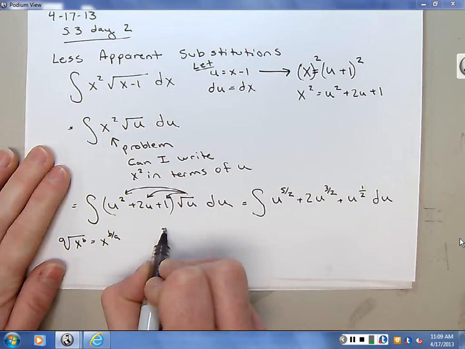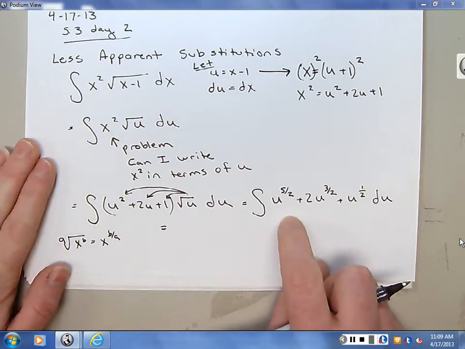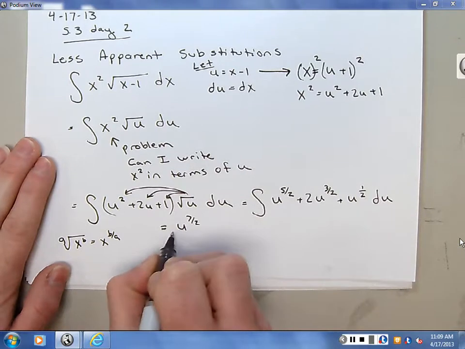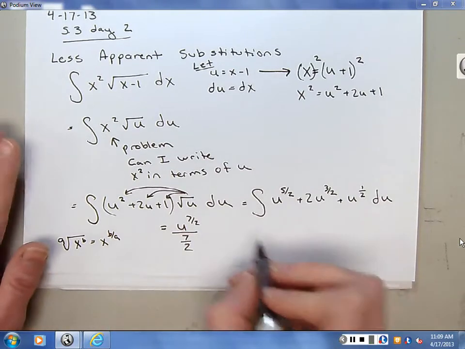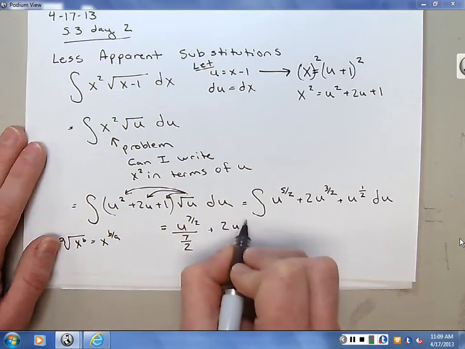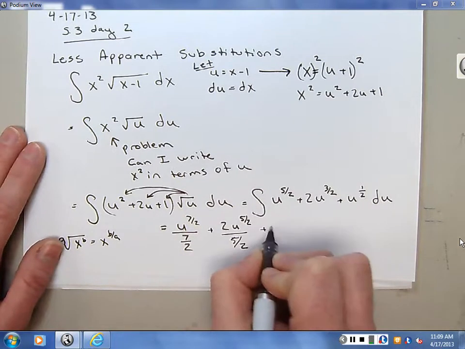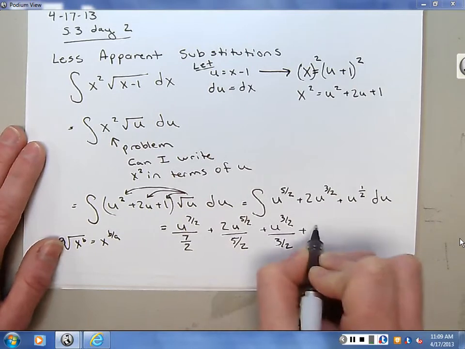So what is the integral of u to the 5 over 2? U to the 7 over 2 divided by 7 over 2, plus 2u to the 5 over 2 divided by 5 over 2, plus u to the 3 over 2 divided by 3 over 2, plus c.